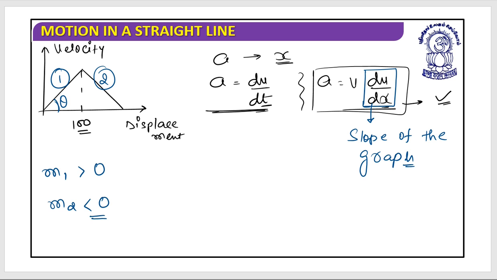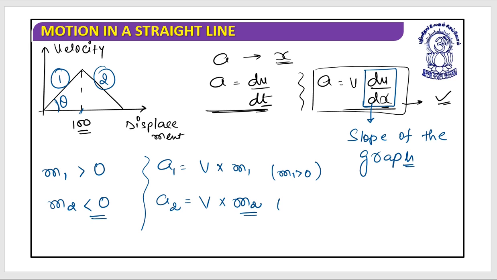So a equals v multiplied by m1, and after 100 meters, let's say a1 and a2, a equals v multiplied by m2, where m1 is greater than 0 and m2 must be less than 0. This is the situation that we know.